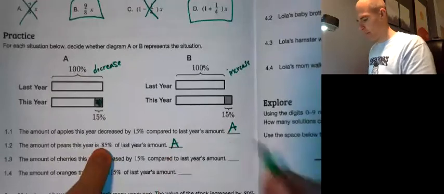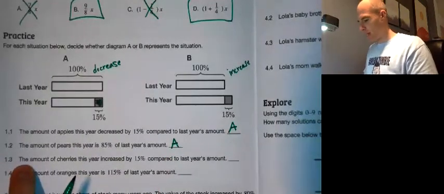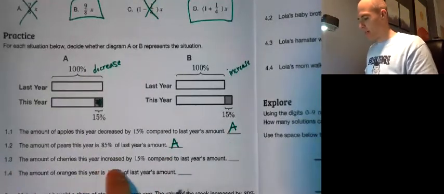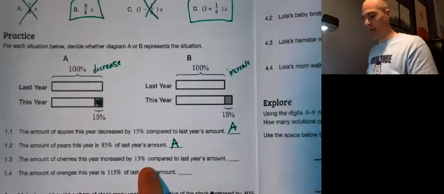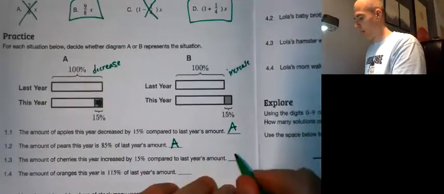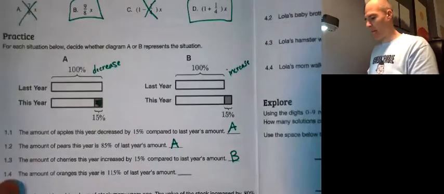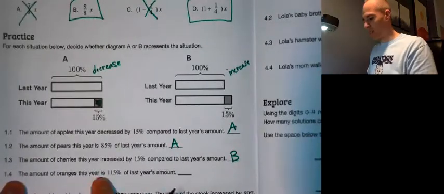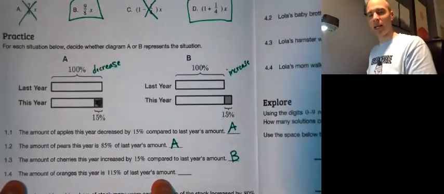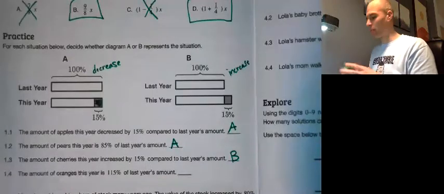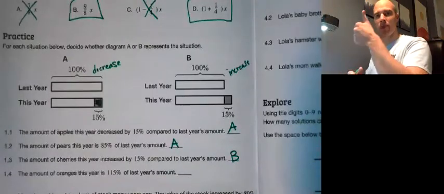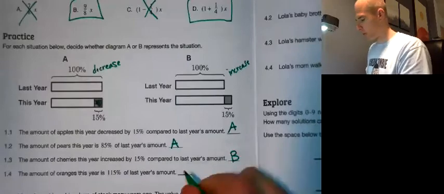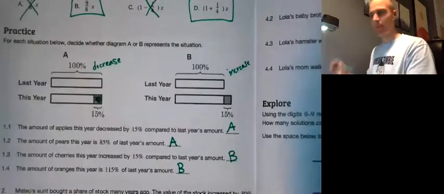So I'll go with A. 1.3 says the amount of cherries this year increased by 15% compared to last year's amount. So that's going to be an increase. So I'll choose B. And the amount of oranges this year is 115% of last year's amount. Having 115% of your original amount is the same as a 15% increase. So I'm going to choose diagram B.